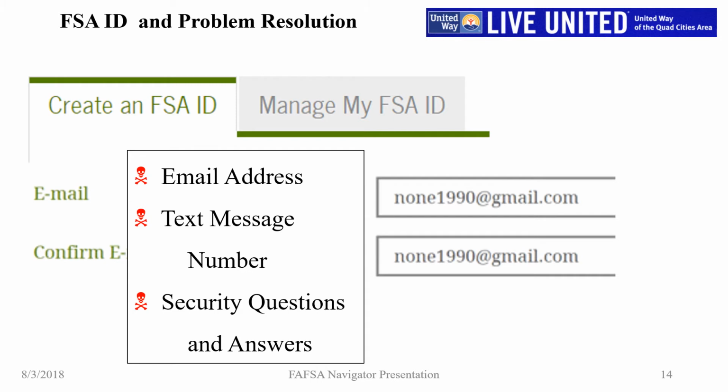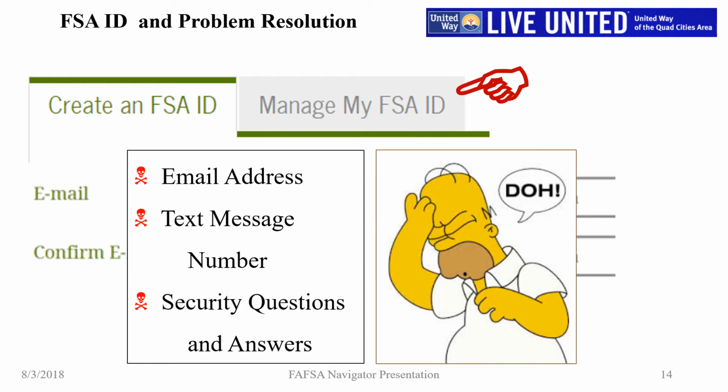If any of these three change, new email account, new smartphone number, or forgot your questions and answers, please do visit the Manage My FSA ID section to update your information. Otherwise, if you have a problem and the system does not have your current and correct contact information, it is designed to both protect and, yes, frustrate you.